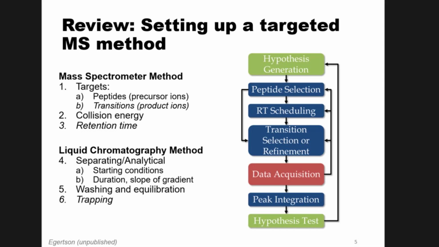So just to review one more time, yesterday we were talking about how do we pick the targets, which would be the precursors, and the transitions, which are those product ions after we fragment the peptides, to build the target list that sits on the left-hand side, usually, of your Skyline document. We talked about collision energy to optimize how many product ions we could get.